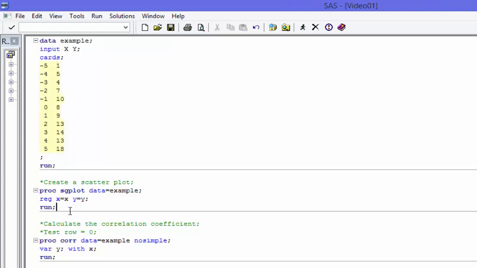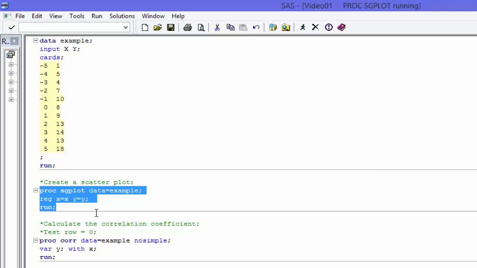Now we're going to find our scatter plot, which was part A. We're going to use proc sgplot, tell SAS that we want to use data from our example set, and X on the x-axis and Y conveniently on the y-axis. We'll run that.